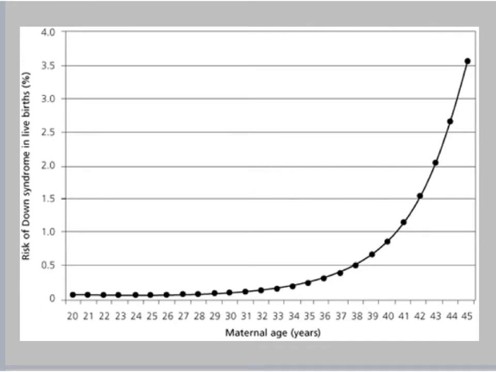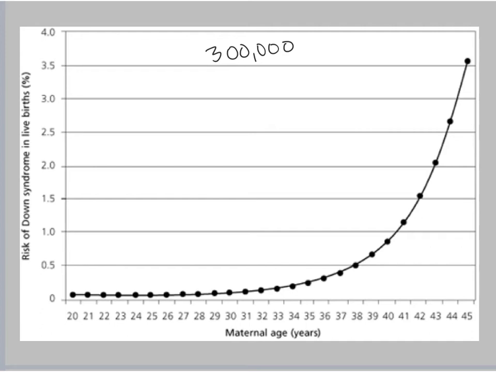Now, having learned that a female has all of the oocytes that she'll ever make, she cannot make any more after she's born, and there's a finite number, somewhere around 300,000. If all of those are present when the female is born, as a female ages, those oocytes get older and older and are more susceptible to problems during meiosis. Meiosis includes, at least in part, the separation of chromosomes.